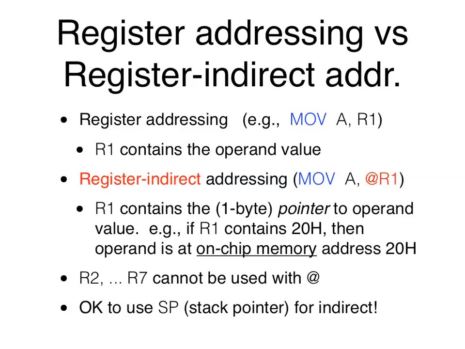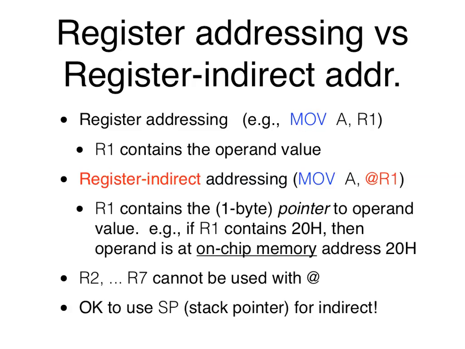And the difference between register addressing versus register indirect addressing. Register addressing means the value you want to move or want to add is found in the register itself. Whereas register indirect addressing, the value you want can be found in the memory whose address is in the register. So you go through R1, like the second case in red. At R1 means you take R1.